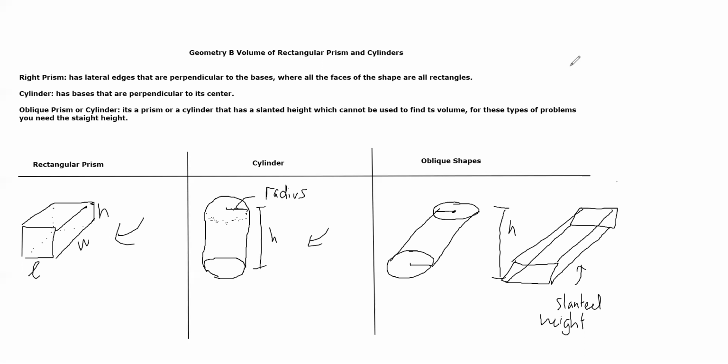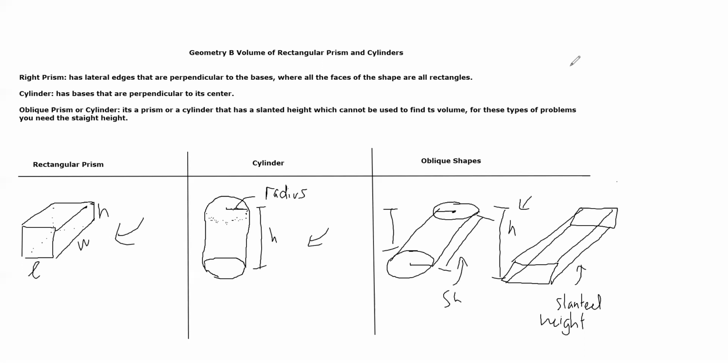And an oblique shape is basically either of those two, but if they happen to have been slanted, and again, they have both a height, if you notice here, but they also have what we call a slanted height, right?